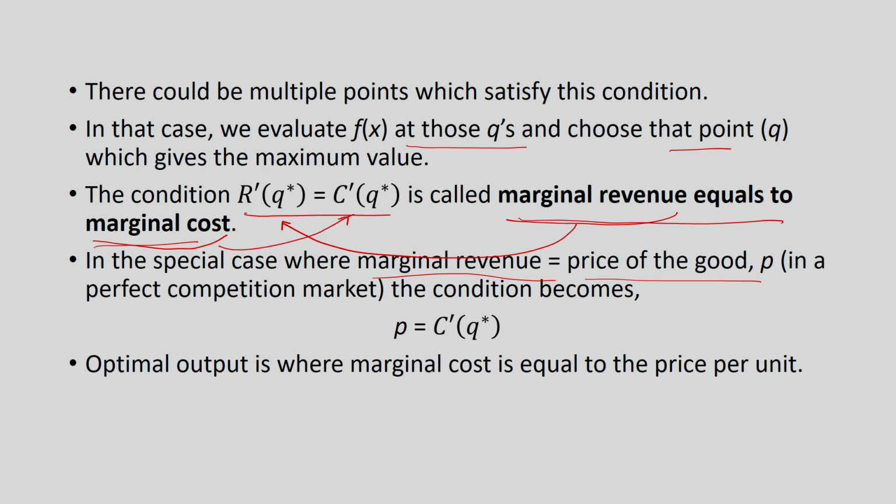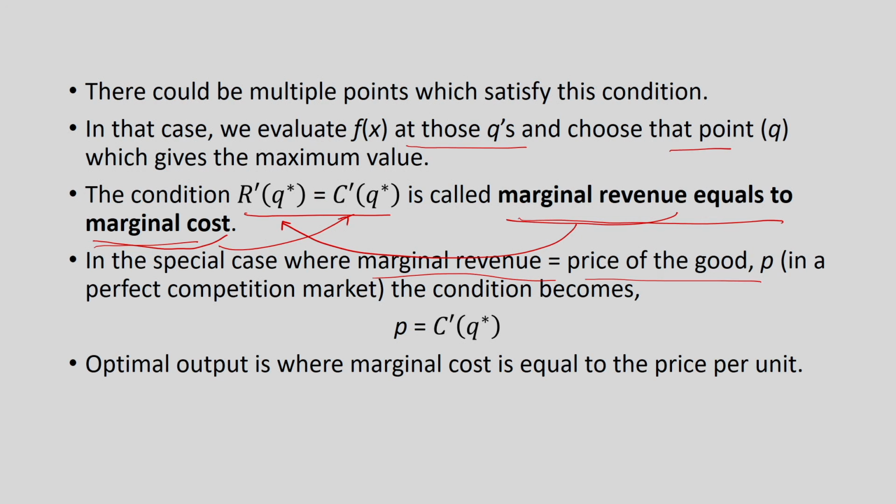The price remains constant. So, the implication is that if a producer wants to produce more, he does not need to reduce the price in order to sell his good. He can sell any amount of commodity at the existing price.